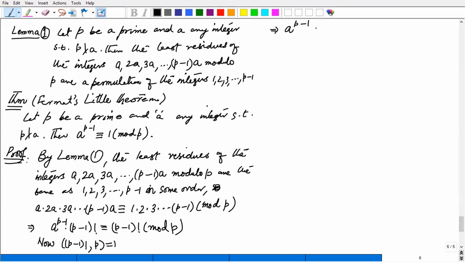So a to the power p minus 1 is congruent to 1 modulo p. So that's the statement of Fermat's little theorem.